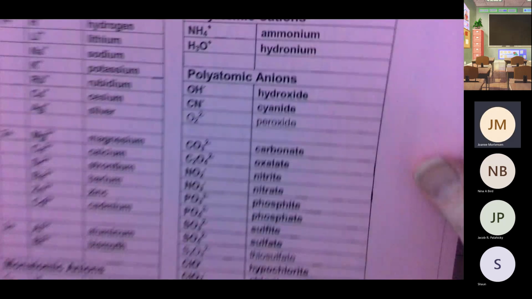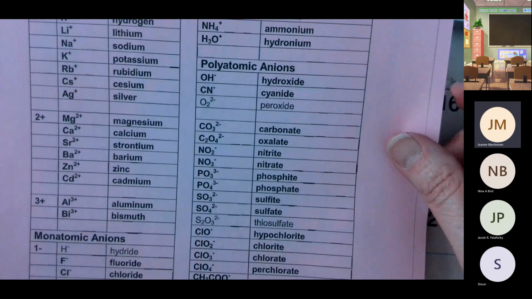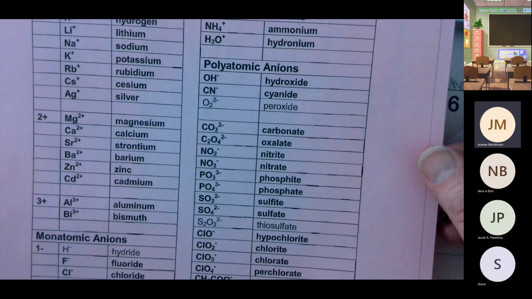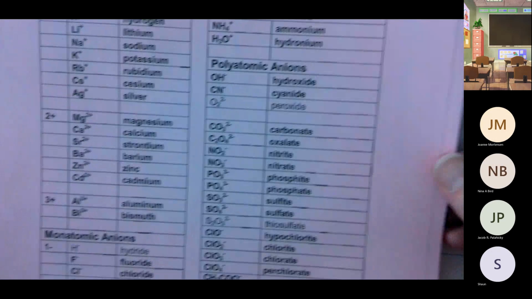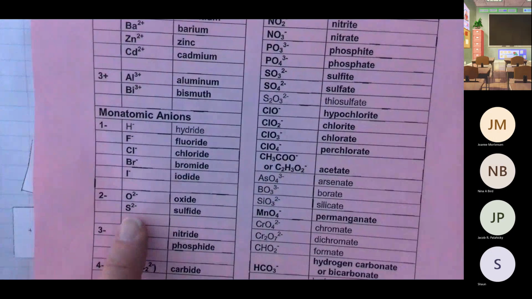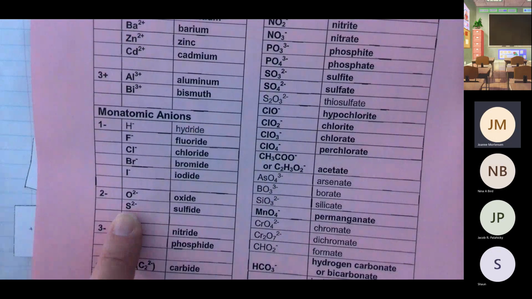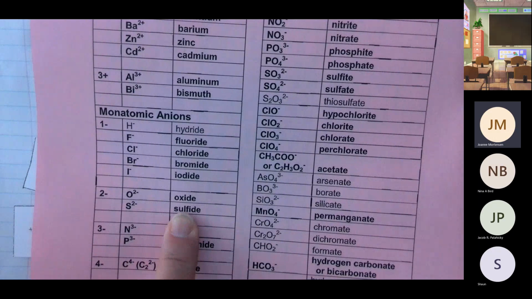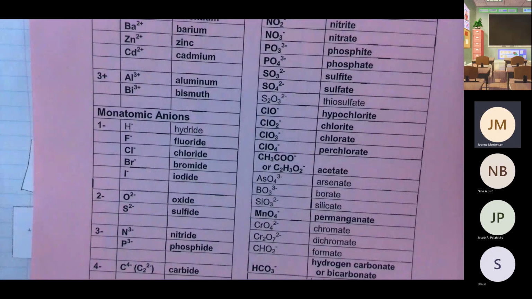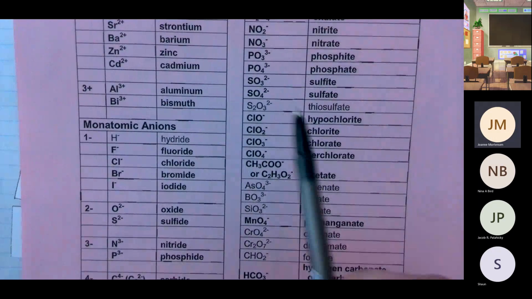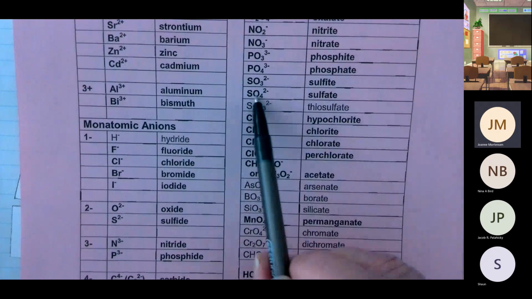I'm watching you guys look on this side. Okay, so this is the back of that chart I've been using. We have sulfur -2. So when I say sulfur, this is the one I'm talking about. But soon, not today, we're also going to be talking about sulfite and sulfates.